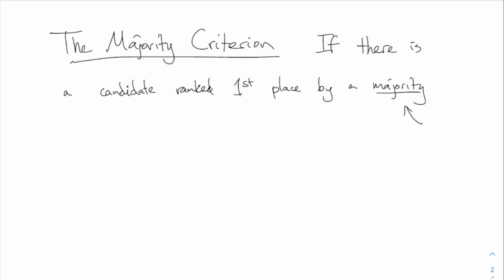Majority, remember, means more than 50%, right? Majority doesn't just mean they got the most votes. It means they got more than half of the voters, all right? Anyway, if there is a candidate ranked first place by a majority, then that candidate should win.